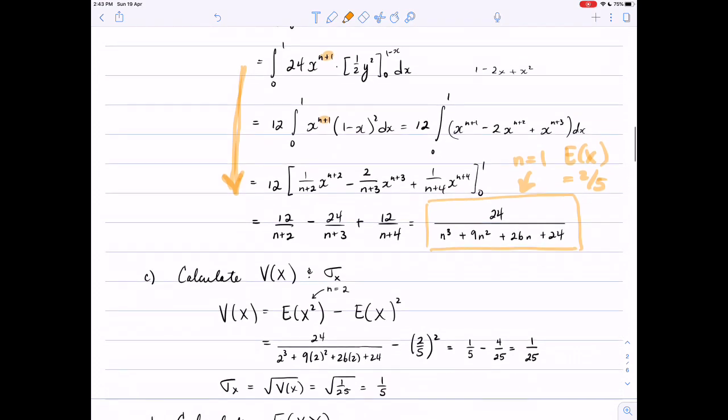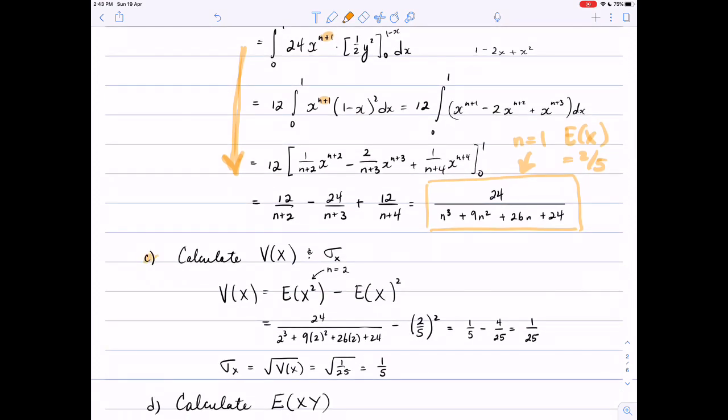In part C, we are going to calculate now the variance and the standard deviation of X. And we're going to remember this formula from your single variable case, that the variance is the expected value of X squared minus the expected value of X all squared.